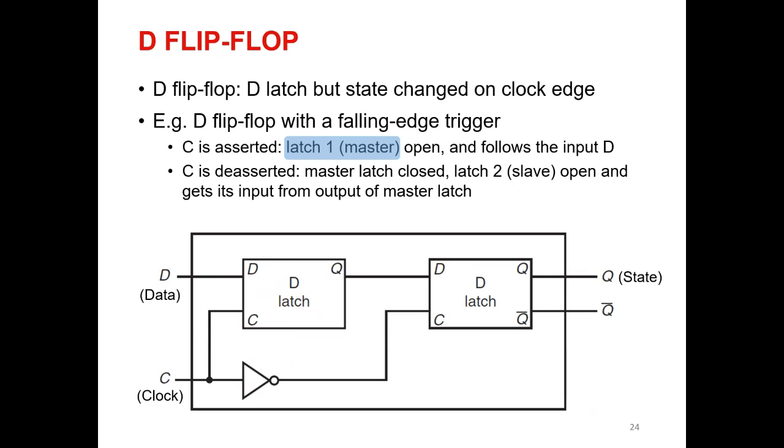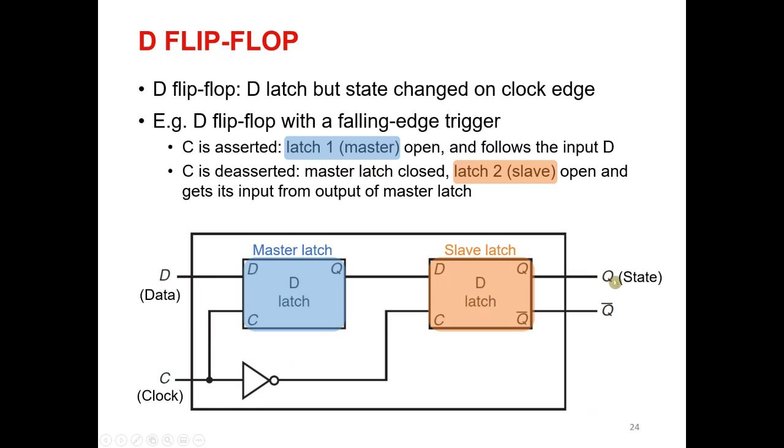Depending on whether C is asserted or not, one latch is working and the other is not, and vice versa.